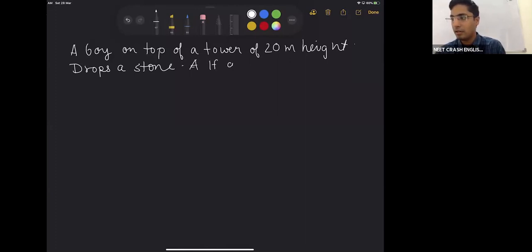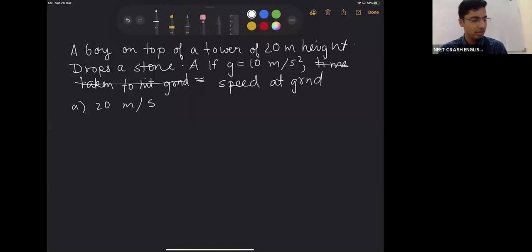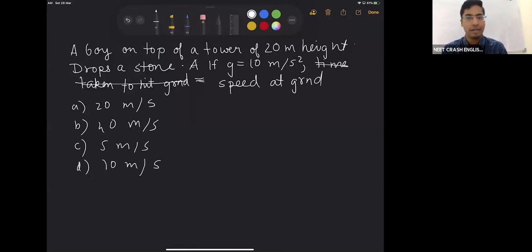If g is 10 meters per second square, speed at ground is: 20 meters per second, 40 meters per second, 5 meters per second, or 10 meters per second. Okay, this is the problem. I want you to solve this and tell me the answer.